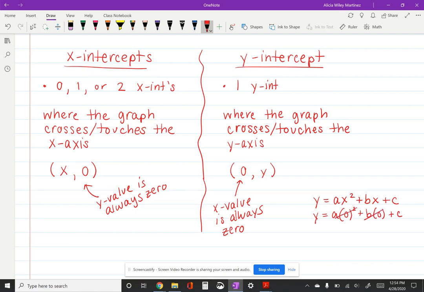So whenever it's in this form, you can see that it's fairly simple to see, no pun intended, that the y-intercept is going to be this value here whenever you evaluate the function when x equals 0. So later you will see the connection that the y-intercept can also be thought of as the point 0, c, where c is that constant value in standard form.